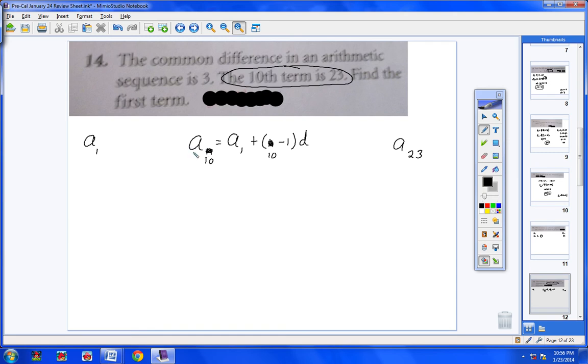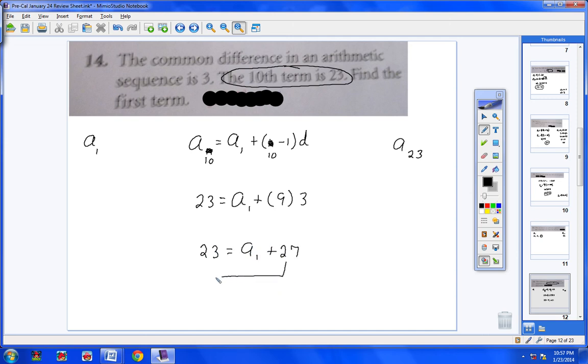Now, the 10th term, a subscript 10, is 23 equals a subscript 1. That's what I'm looking for, so I'm going to leave that alone. Plus 10 minus 1, that would be 9, and then the common difference is 3. So this is pretty easy. I have 23 equals a subscript 1 plus 27.